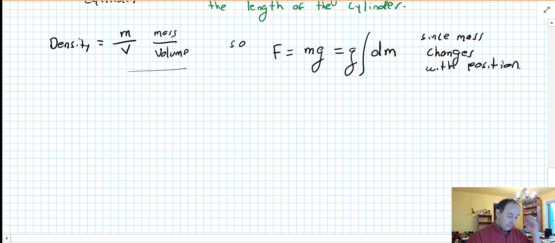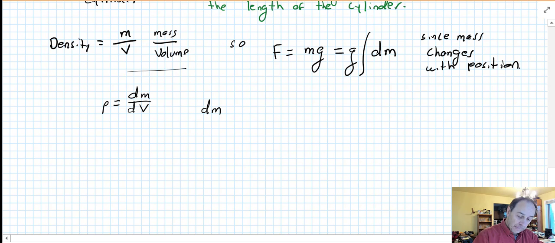Now, density is the change in mass over the change in volume, or rewriting that, differential mass equals the density times the differential volume.